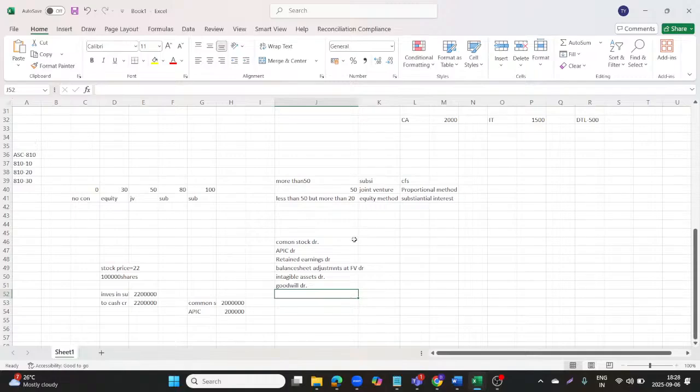And you will credit non-controlling interest, that is your minority interest, and investment in subsidiary. So when you have made the investment, everything you have acquired you will debit, and credit investment in subsidiary. This is how you will pass the journal entry.